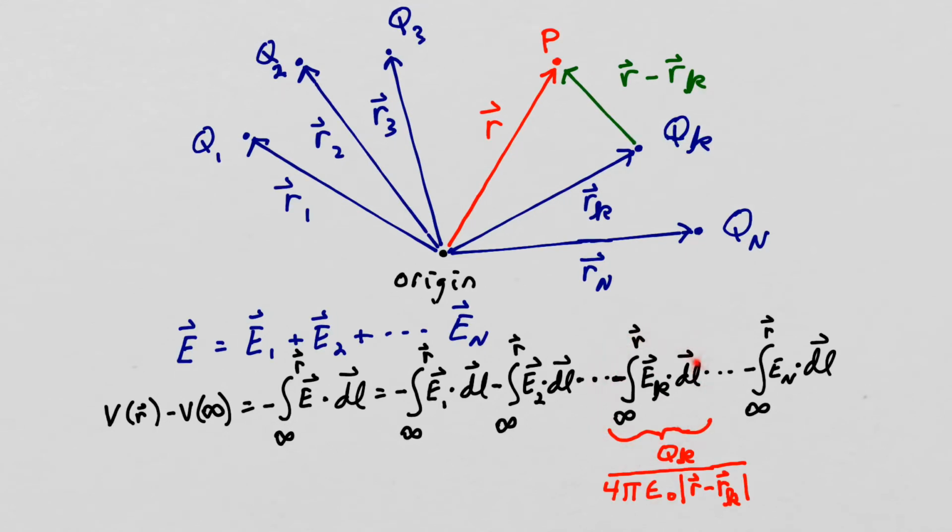Each one of these integrations is the amount of work to move 1 coulomb of charge from infinity to location R if only that one charge were present.